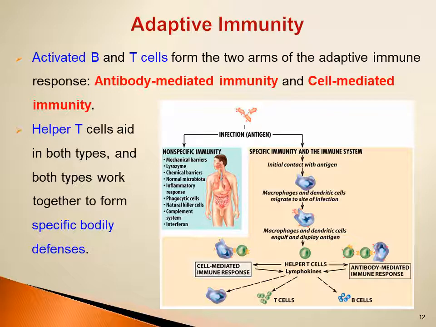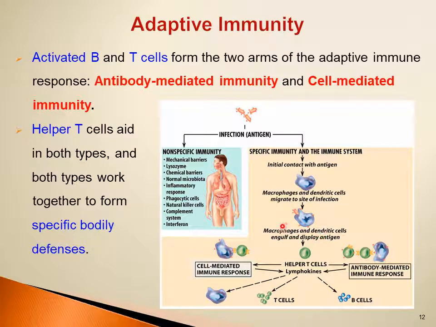As you can see here, we have an antigen, or infection with the antigen, or any invader that has antigens. This will stimulate the innate or non-specific immune response that we covered in the previous lecture, and also the specific immunity and the immune system. As the initial contact with the antigen, the macrophages and the dendritic cells will migrate to the site.